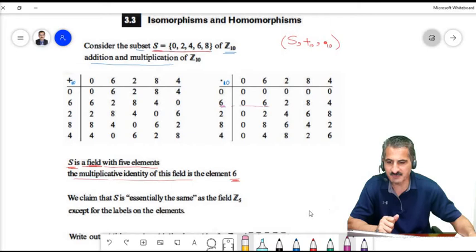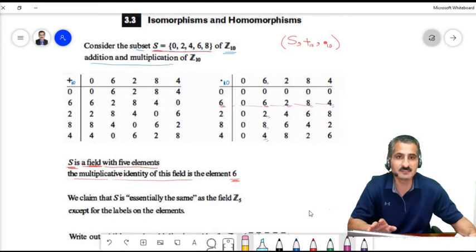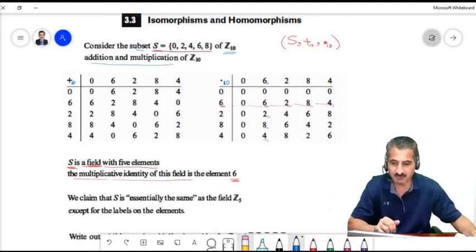Multiplied by 6 we get 6, by 2 we get 2, by 8 we get 8, by 4 we get 4. From the other side, 6 times 6 we get 6 again, 2 times 6 we get 2, 8 times 6 is 8, 4 times 6 is 4. So 6 here behaves as the identity. Now multiplication is commutative. If you notice, the arrangement of elements here looks like a symmetric matrix, that means we have a commutative multiplication.